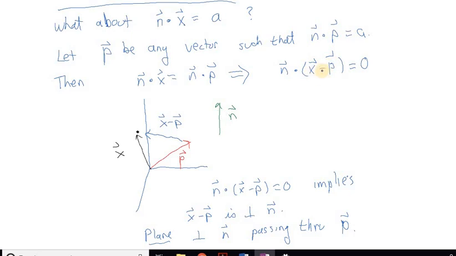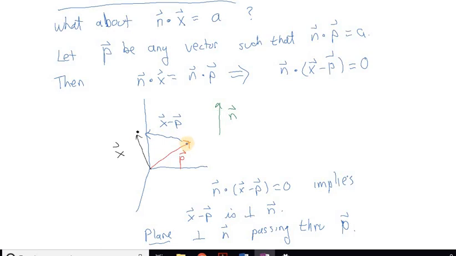So what's the geometrical significance of this? Well, p is some fixed vector here. If I take any vector x, then x minus p is the difference vector. So this equation here is saying that x minus p is perpendicular to n. So for any fixed vector p, x minus p has to be perpendicular to n. Now this is a plane that contains p.